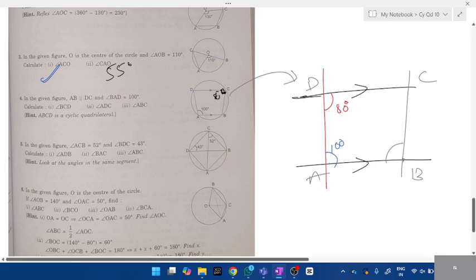Left and right, right? But where are the parallel lines? They are on top and bottom. Yeah, parallel lines are top and bottom. Angles are left and right. Therefore, angle A and B are not allied angles. They are not equal to 180. This is the reason.